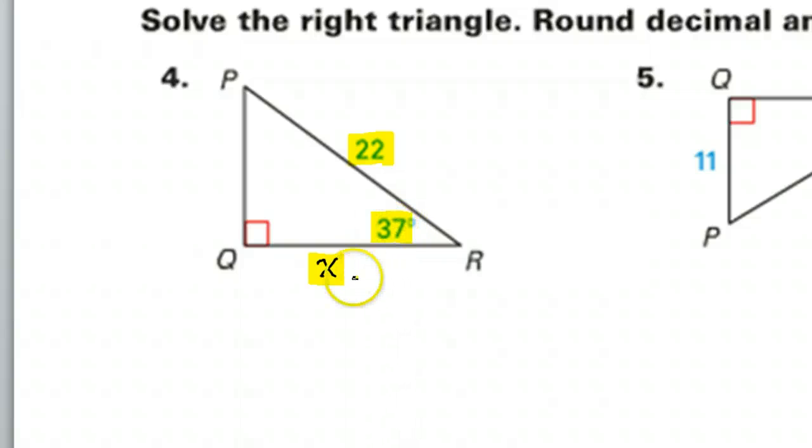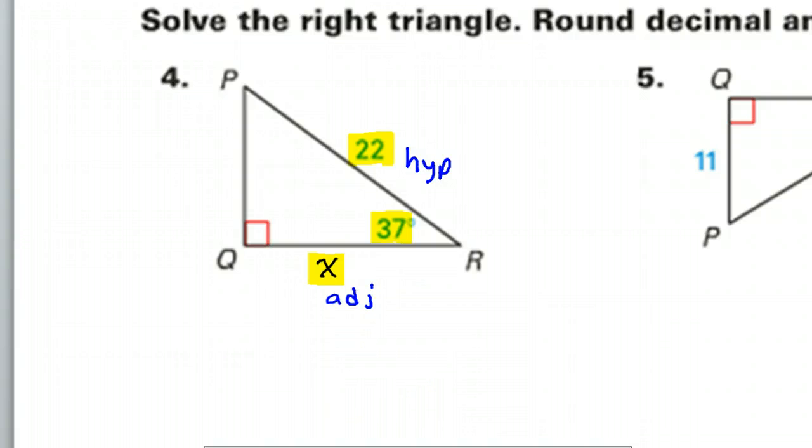Well, from the 37, this X is adjacent, because adjacent means right next to. The 22 is, of course, the hypotenuse, no matter what angle you're looking at. So we have adjacent and hypotenuse.